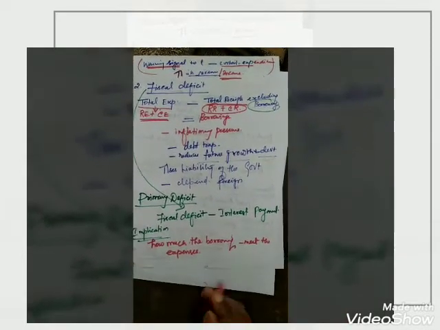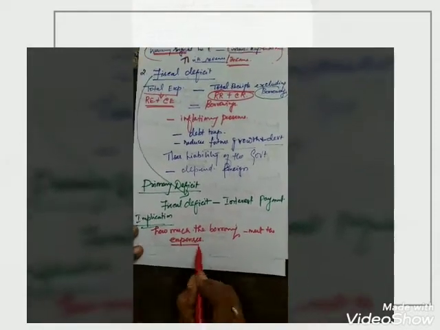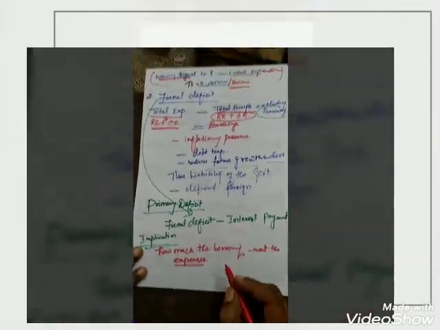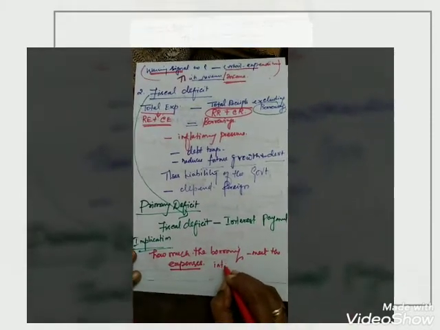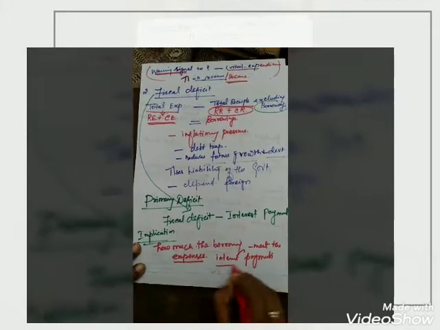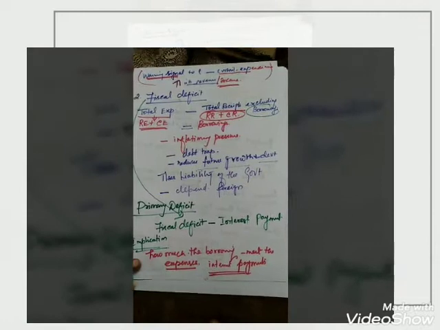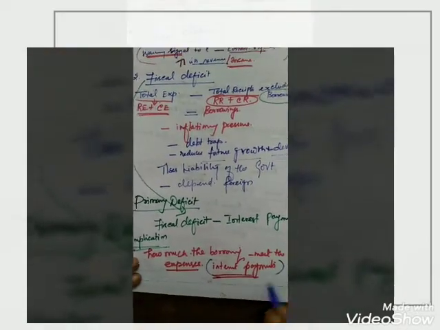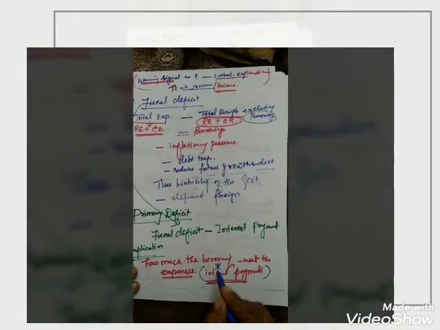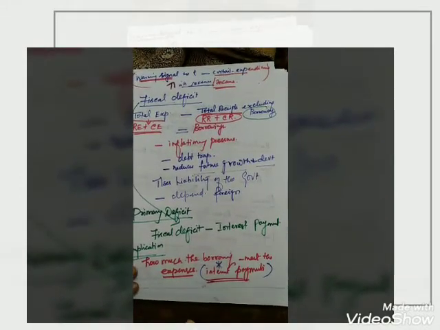Within the loan amount, how much are we going to use to meet our expenses, rather than the interest payments. Within the borrowings amount, how much goes to our expenses, excluding the interest payment. This comes under the primary deficit.